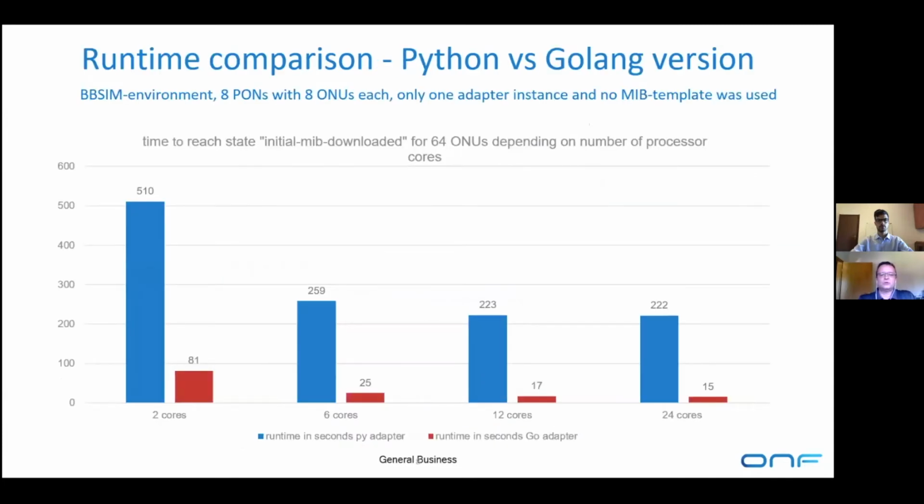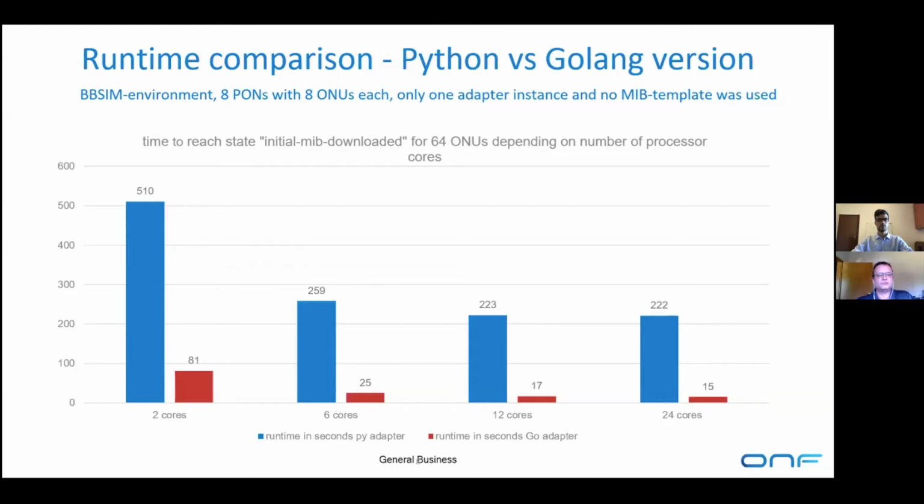As already mentioned, the main motivation to implement the Golang adapter was the lack of performance of the Python version. And therefore, the first runtime tests we made are looking very promising. The graph shows the time to reach the state initial MIB downloaded for the ONU for 64 ONUs, depending on the number of processing cores.